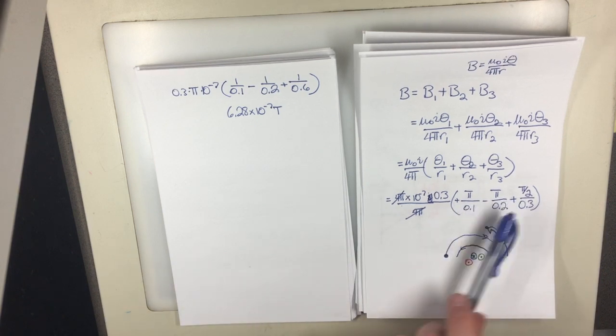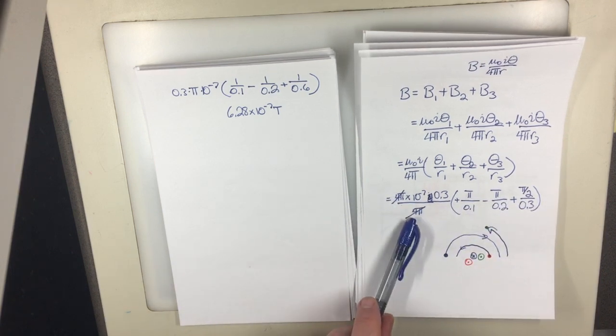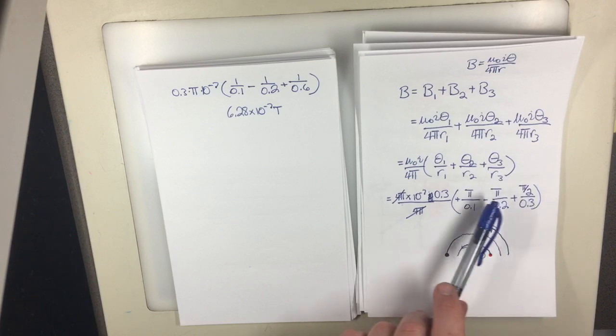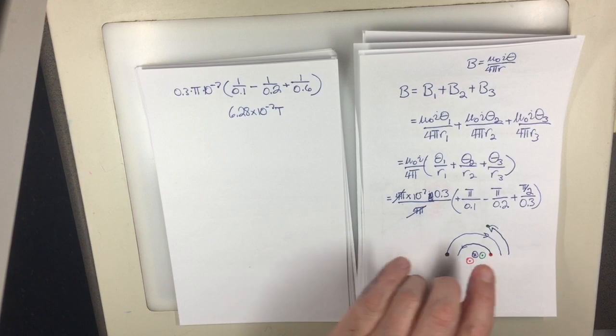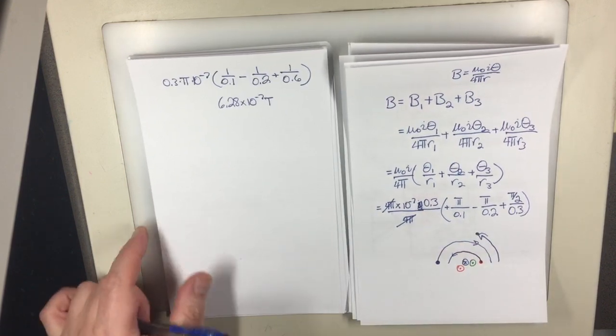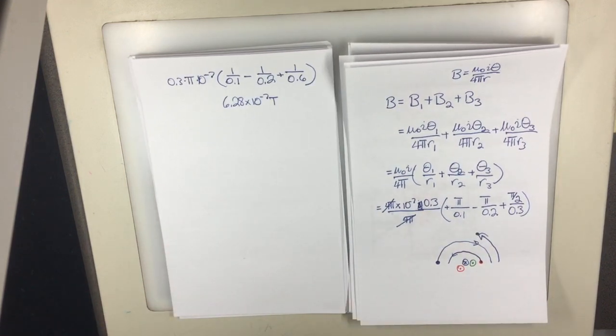These pi's canceled. I factor out the pi here to get that pi right there. And so that's a simple arc problem. People all go nuts about it. It's not that bad. You see a problem like this, now you know how to do it.